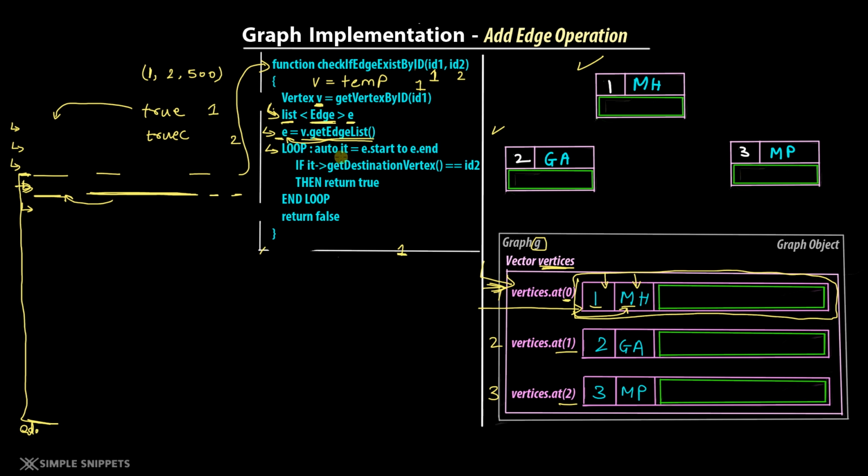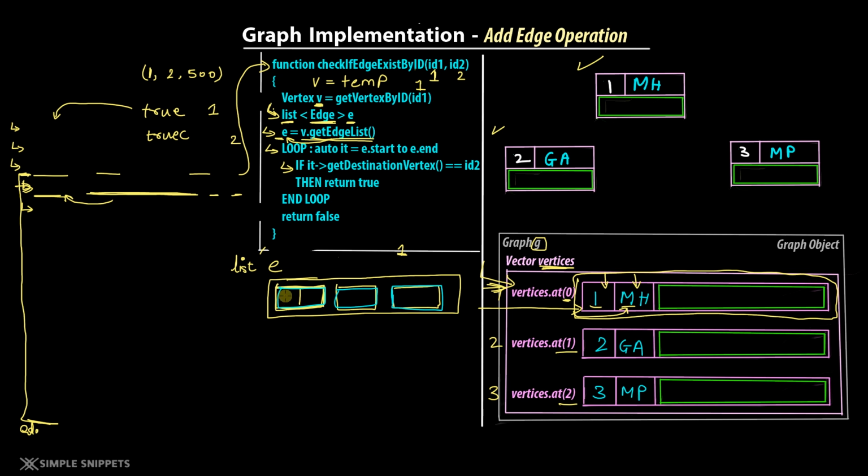We say auto it equals e dot start to e dot end. I'll explain what this auto is in a second. Basically you are going from start to end of this list, and we check if it of get destination vertex equals id2. So let's say this is E. E is nothing but a list. So let me write list over here. List E, which will store objects of edge type, correct? So each object, that is this inner rectangle, is nothing but an edge object. What does an edge store?